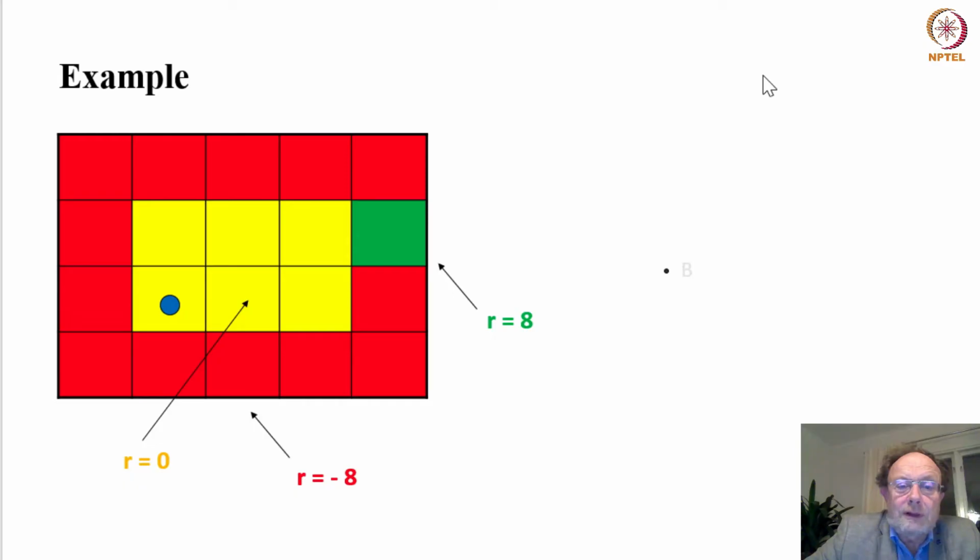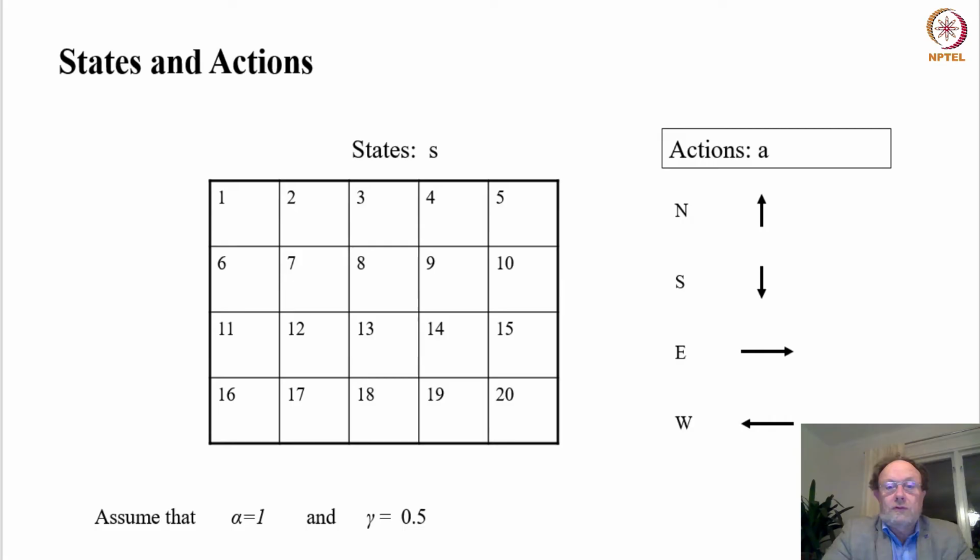The yellow ones in the middle have a reward value of 0, and only a single item on the rim has a reward of 8. The blue dot shows the start state. One can enumerate the states in sequence.